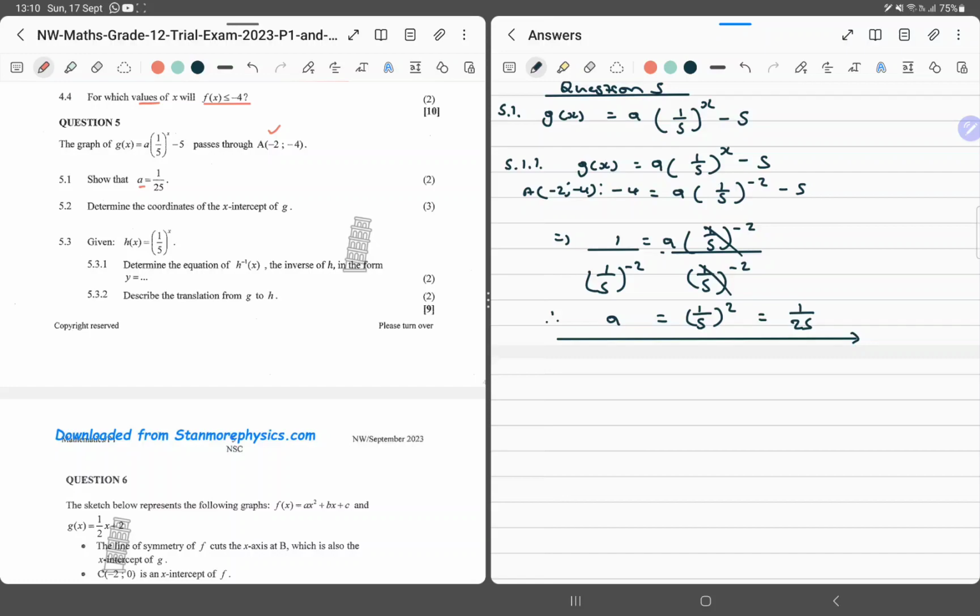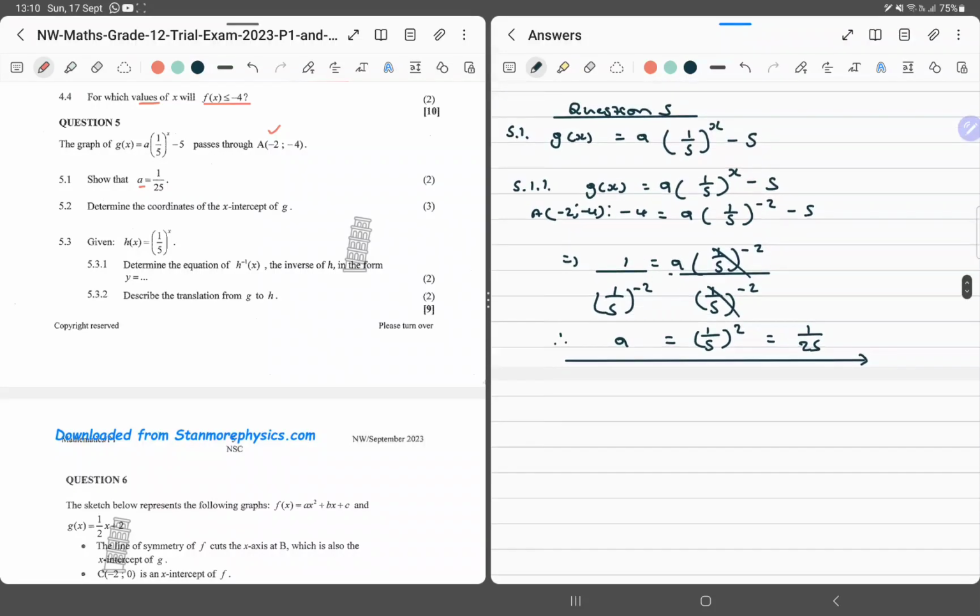Okay, you can use your calculator also if you feel like this is overwhelming, but be comfortable using the exponential laws and rules whatsoever, because that is what makes your brain start questioning certain actions that you may end up taking. Anyway, what is important here is to substitute into the correct equation.